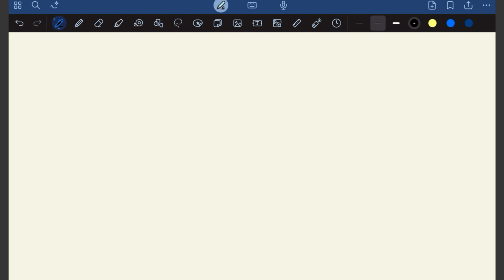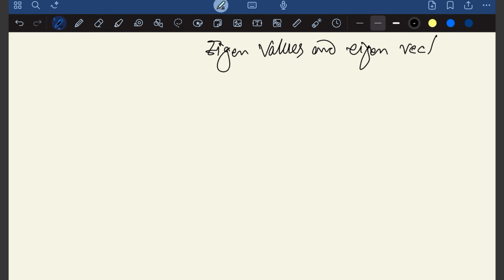Today I will show you how to find eigenvalues and eigenvectors for a 2 by 2 matrix, step by step in the simplest way possible.